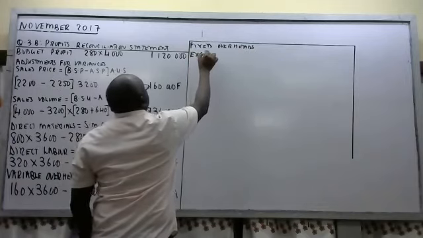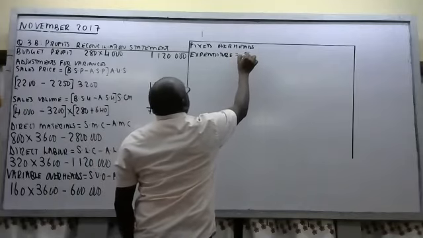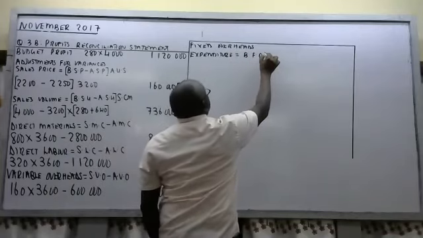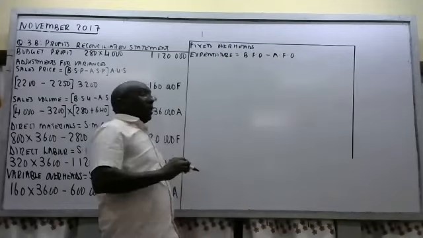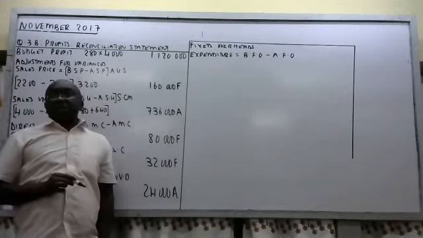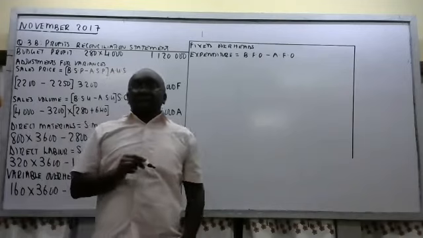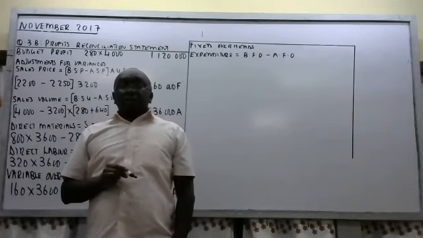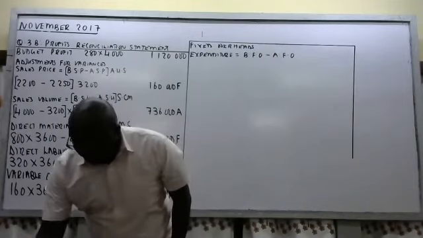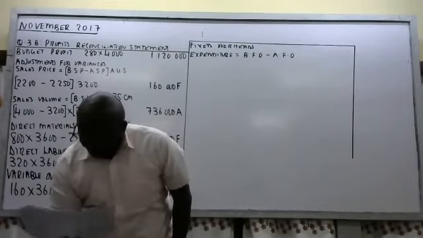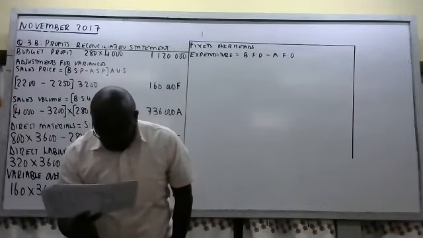Expenditure is given as budget fixed overheads minus actual fixed overheads. The question has not consolidated for us the budget fixed overheads, but you should be able to consolidate for yourself.